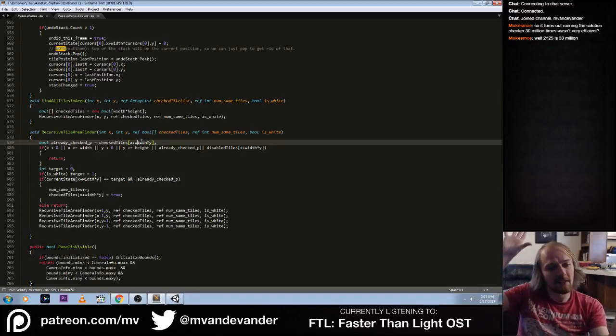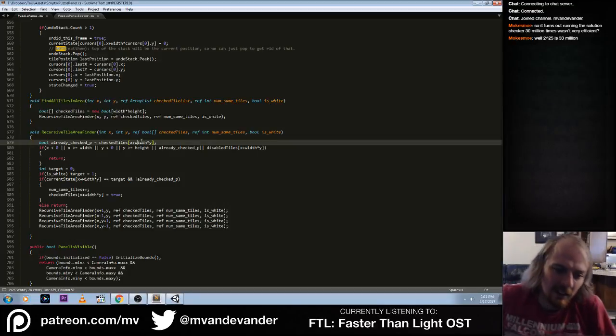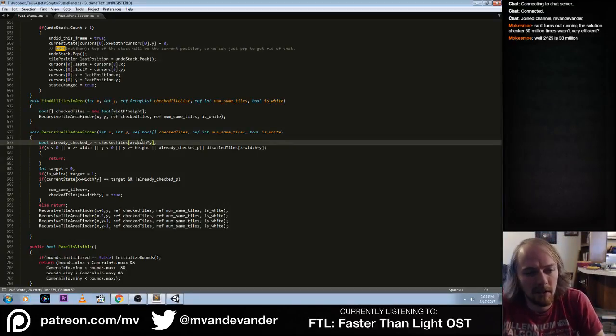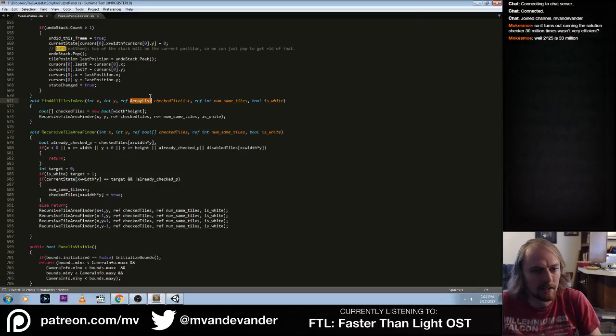Hopefully array accessors don't allocate garbage, but I figured array lists probably did. So right now I'm passing in an array list for a check tiled list. I actually shouldn't, well, I do need to pass it in because I need it back.